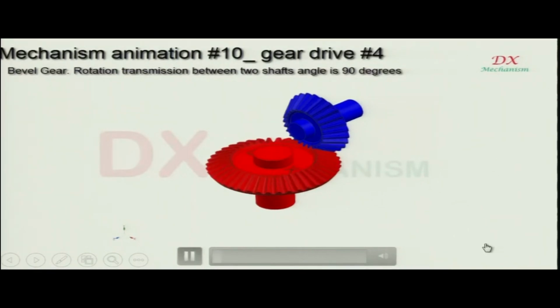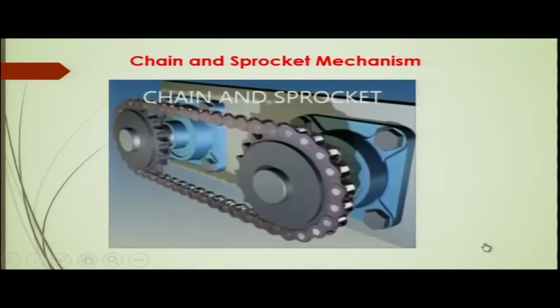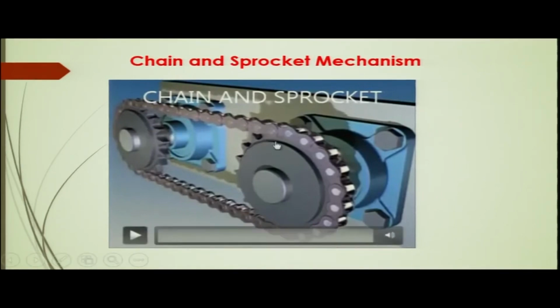Now, the next mechanism that you can see here is the chain and sprocket mechanism, which is similar to the belt drive mechanism. The only thing is that here the transmission is between two sprockets, one mounted on one shaft and the other mounted on another shaft.